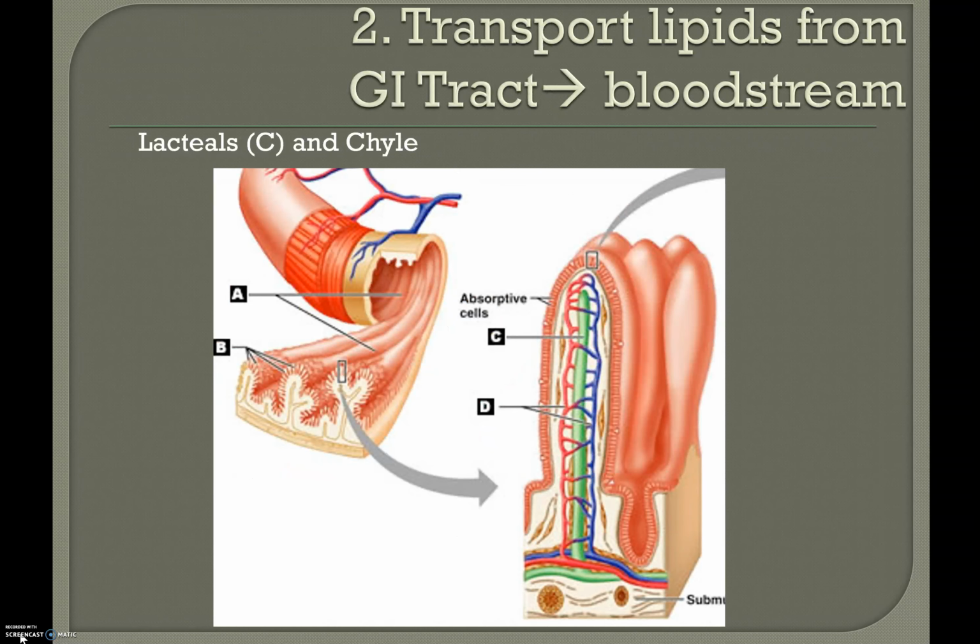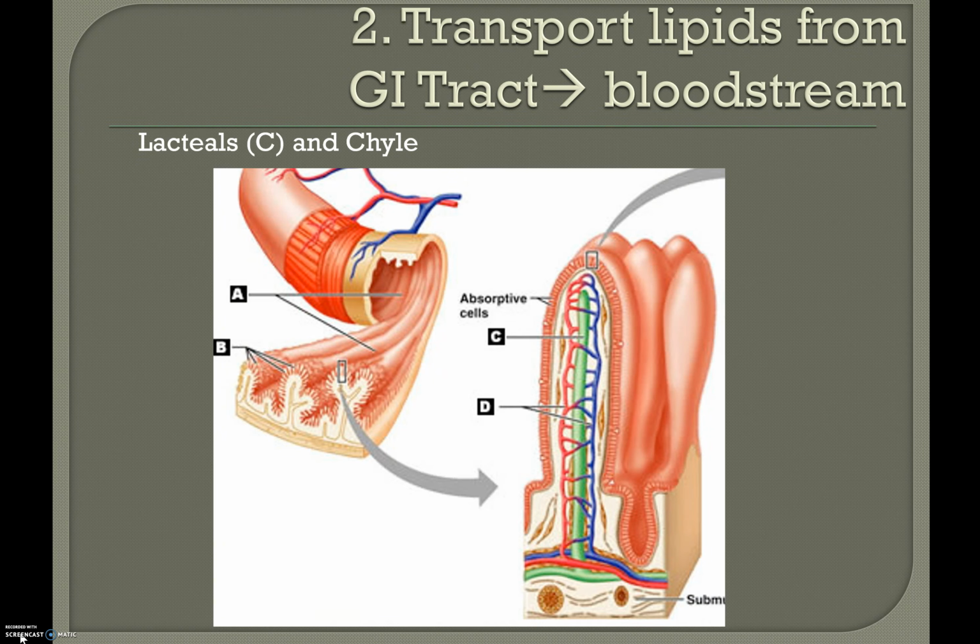The second important function of the lymphatic system is to carry lipids and lipid-soluble vitamins. In the intestine, this picture is showing us a diagram of the villi of the small intestine. Now we do see red and blue blood capillaries that carry all the nutrients.